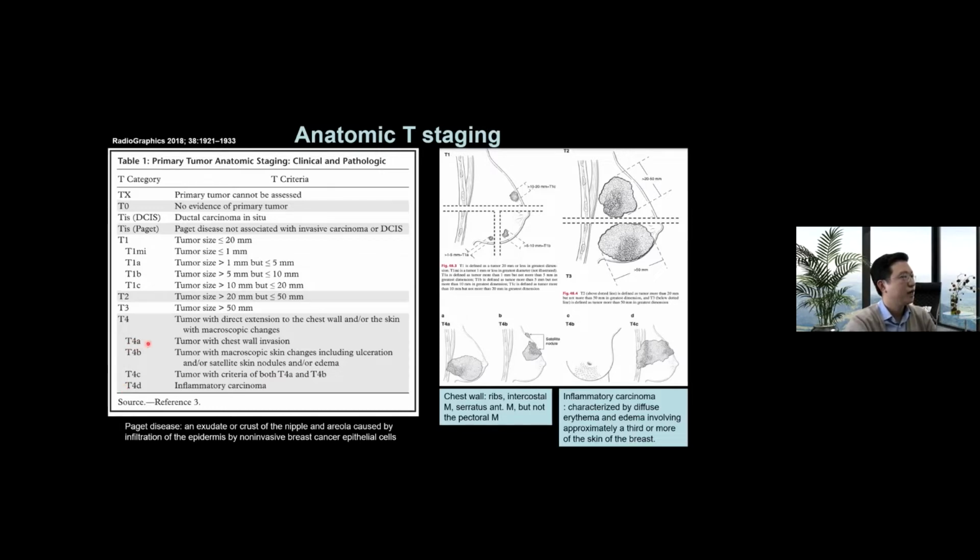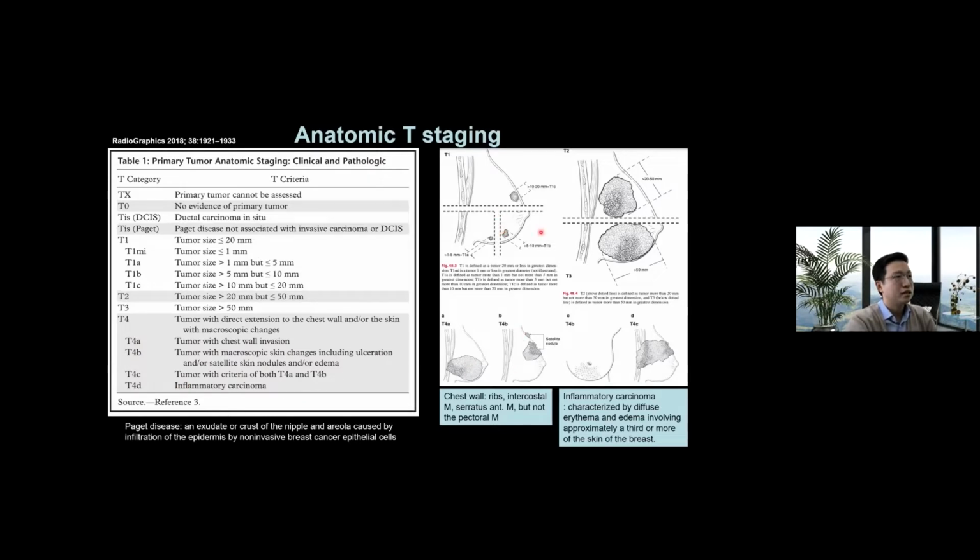And T4a indicates chest wall invasion, and T4b indicates macroscopic skin changes, including ulceration and or satellite skin nodules and or edema. And T4c includes both a and b, and T4d is inflammatory carcinoma.